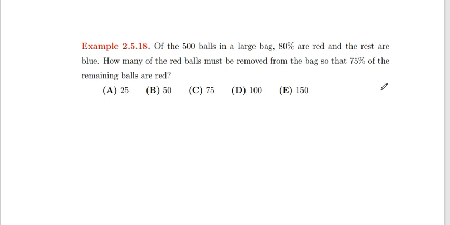Okay, so among the 500 balls, 80% are red, 20% blue. So we can easily change this. We can split 500 balls into 80%, 400. So 400 are red and 100 blue.